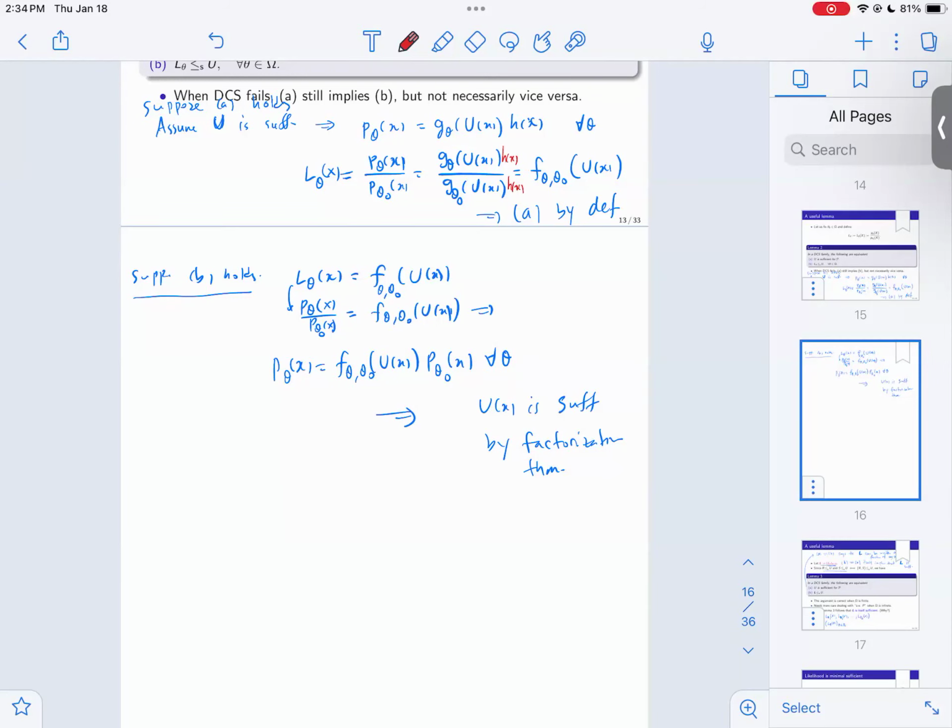This edge cannot be 0, because if it's 0, let's say I'm going to support P theta naught, this doesn't depend on theta naught, so it has to be positive. Otherwise, I can also cancel. It does seem to work to me.